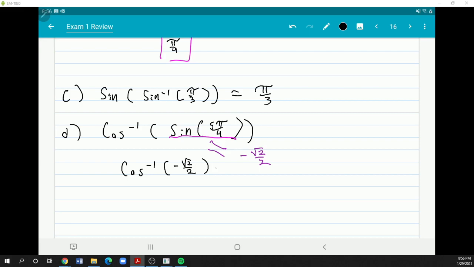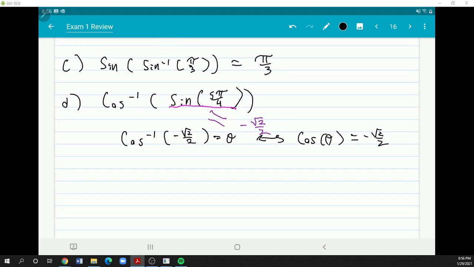And remember, cosine inverse is only allowed to spit out values between 0 and pi. So it's different from sine inverse in that way. Cosine inverse of minus root 2 over 2, but where does that happen with 0 less than theta less than pi?